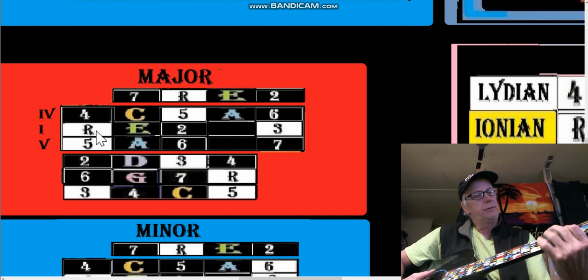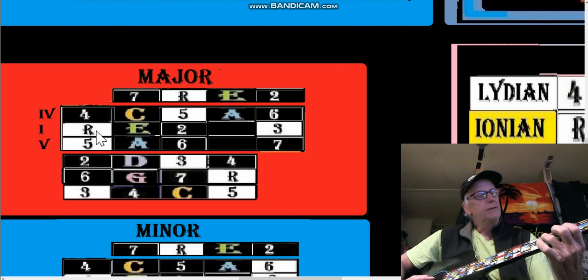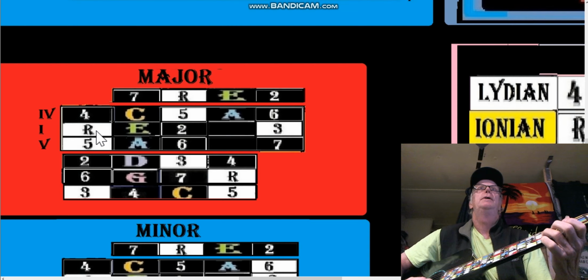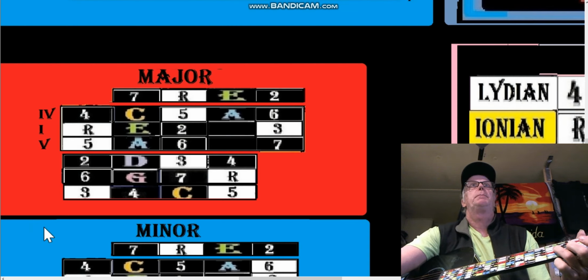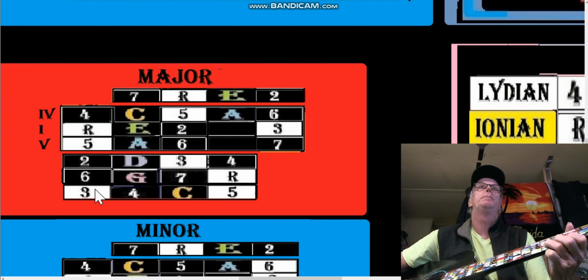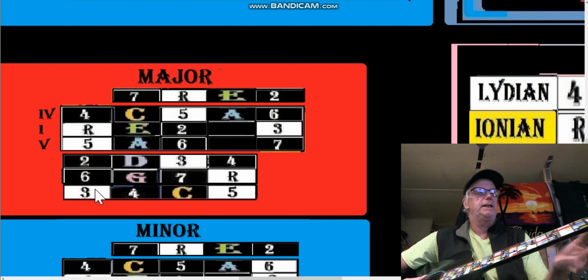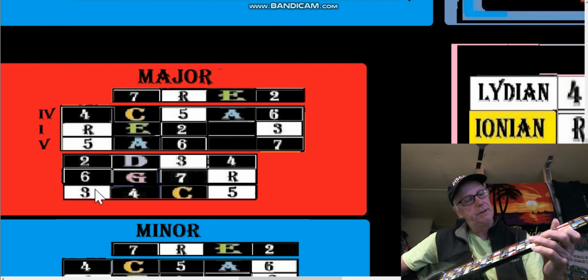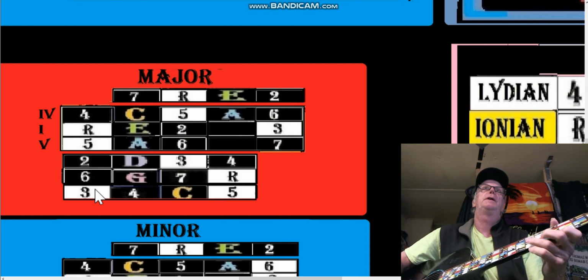So it's root 2, 3, 4, 5, 6, 7, root 2, and then we're just going to pick it up over here. The 7 goes under the 3, but that string 4 is going to be the 3, and then warping up the 6, 7, root, and 2, 2, 3, 4, E cage goes into D cage. There's a D string shape right on top of that.